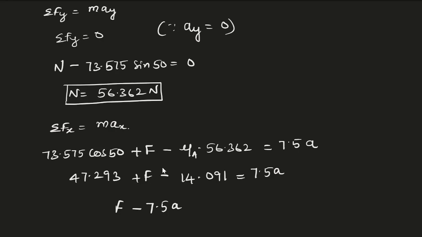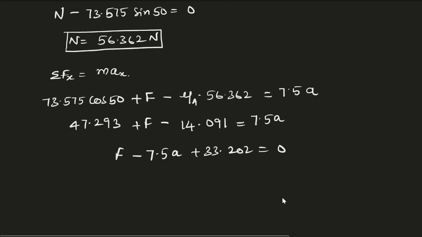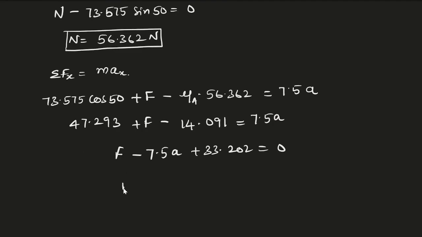So I got the value as plus 33.202. I can keep the constant on one side, so this will be equal to minus 33.202. So this is my first equation from block A, or mass A.